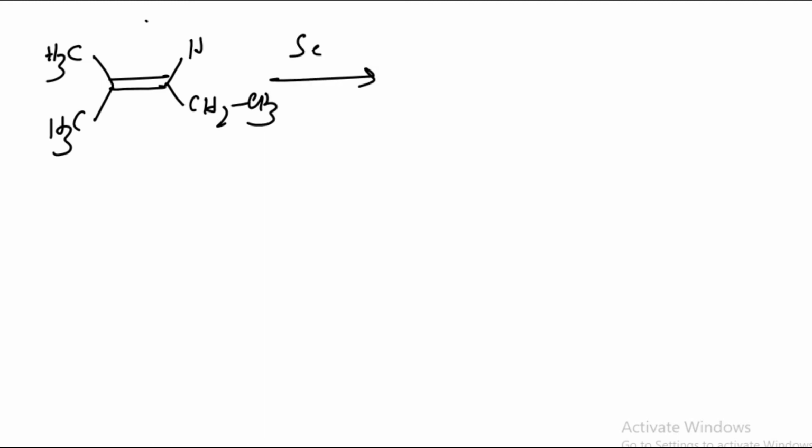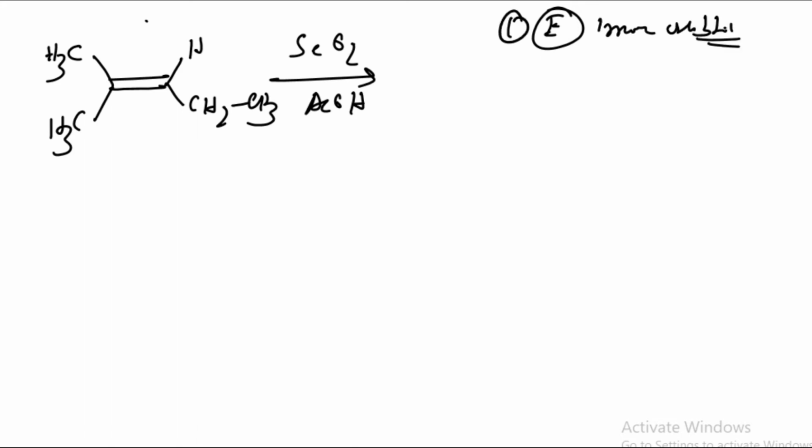So you are given this type of alkene in the presence of selenium oxide in acetic acid medium. So what are the rules? That the E-alcohol will be formed, and at the more substituted site. Okay, there are the two things.